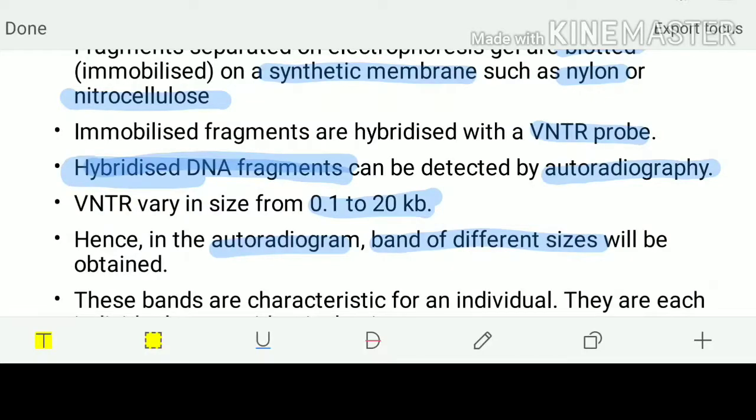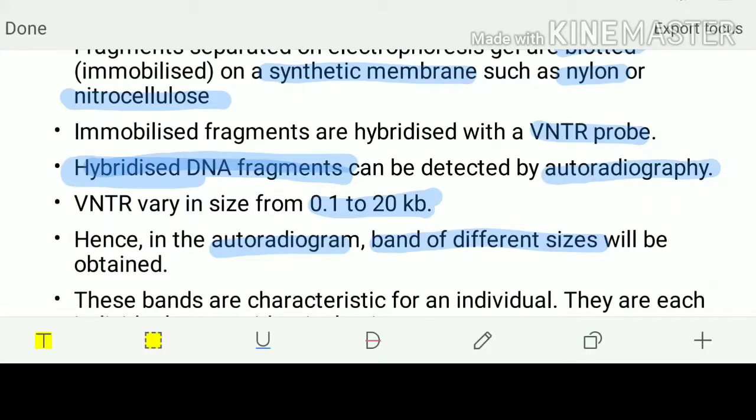Now this was all about DNA fingerprinting. It is basically used in criminal cases, paternity disputes, and forensic sciences, because each and every one of us has different VNTR sequences.